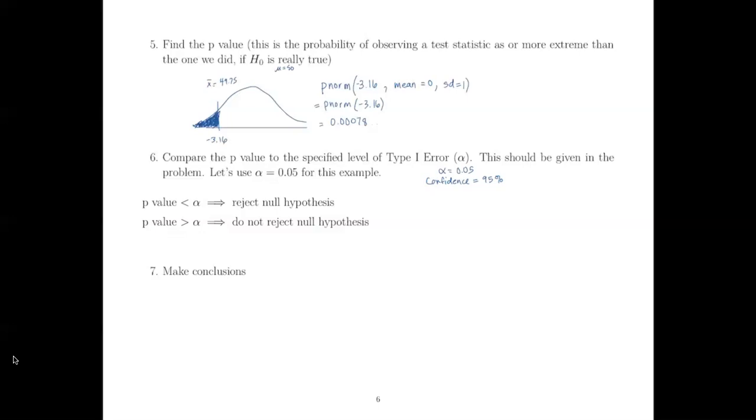So in this case, our p-value was 0.0007. And my alpha was 0.05. If we compare those two, the p-value is definitely smaller. So we're definitely falling into the rejecting the null hypothesis category.